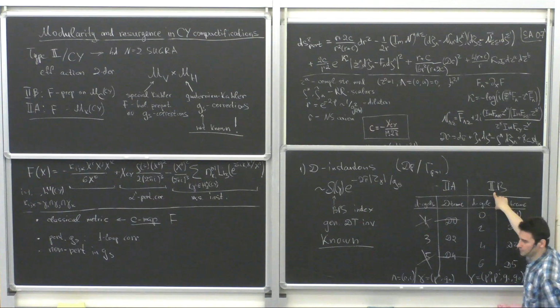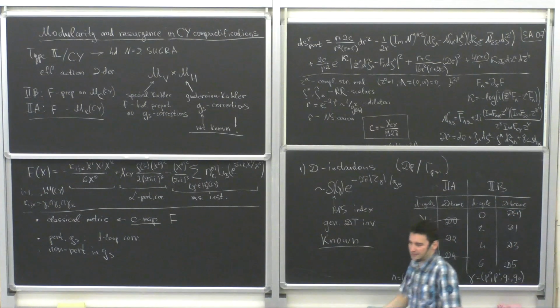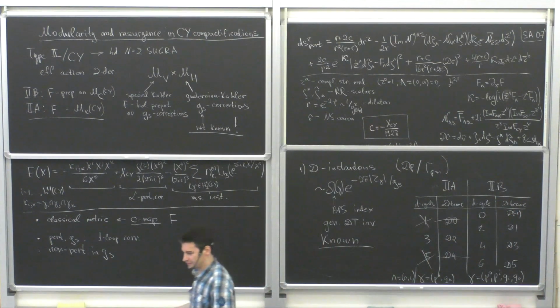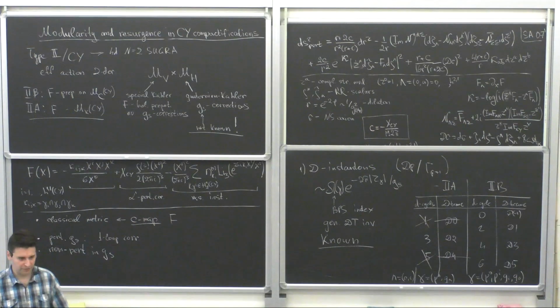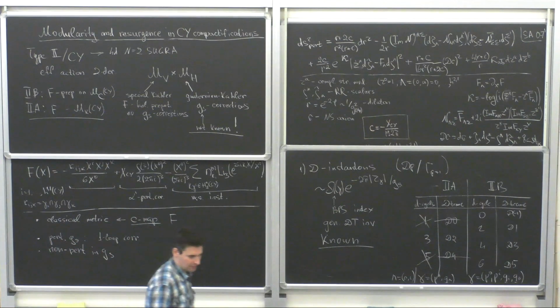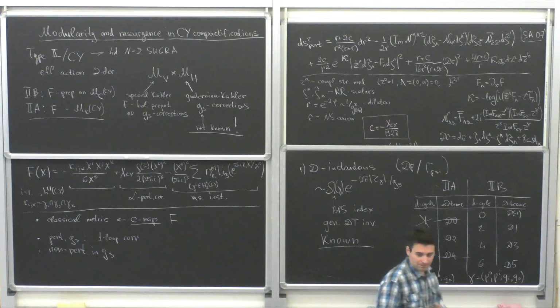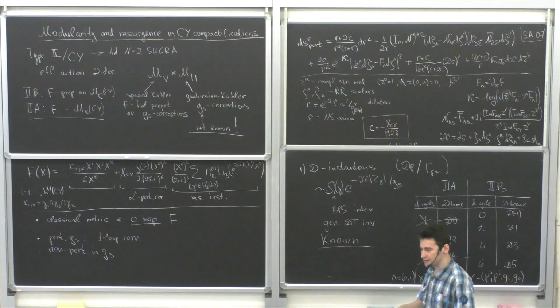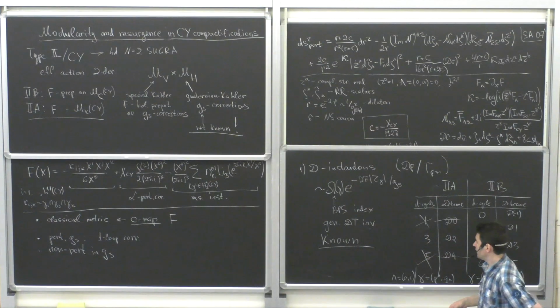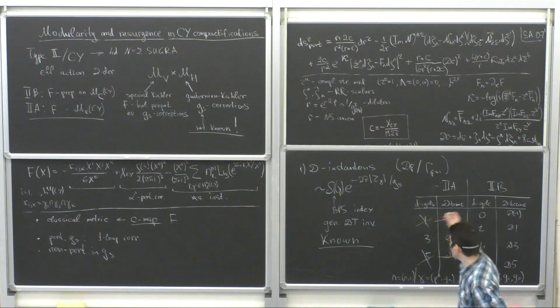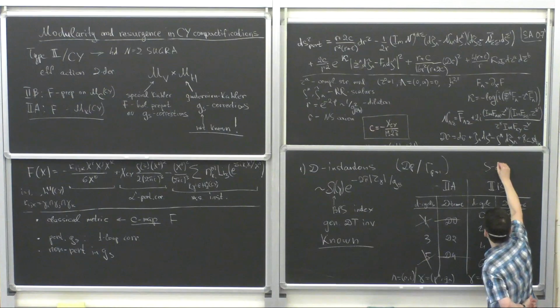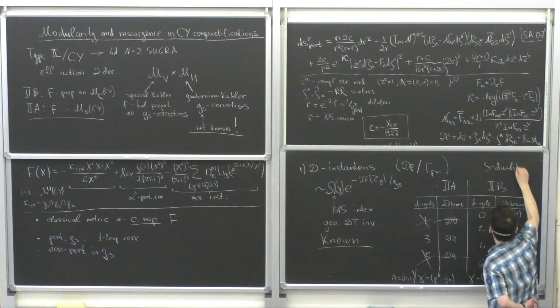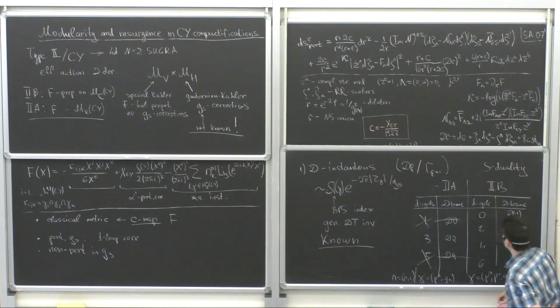So what about type 2B? Well, you can say, of course, just apply mirror symmetry, because type 2A on one Calabi-Yau is the same as type 2B on another Calabi-Yau. But there is a problem here, because I recall that in type 2B we have S-duality.